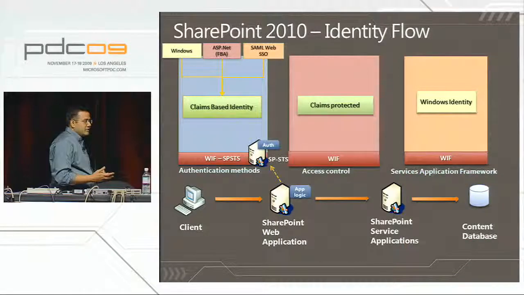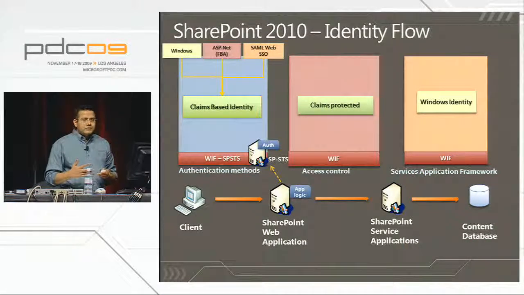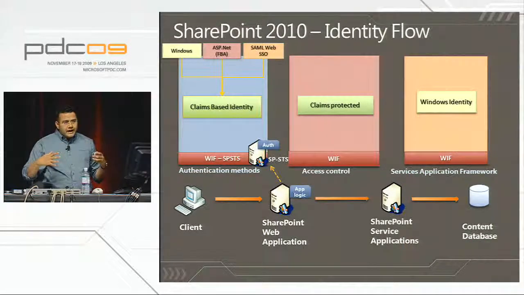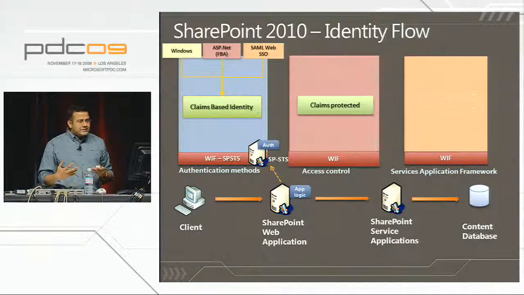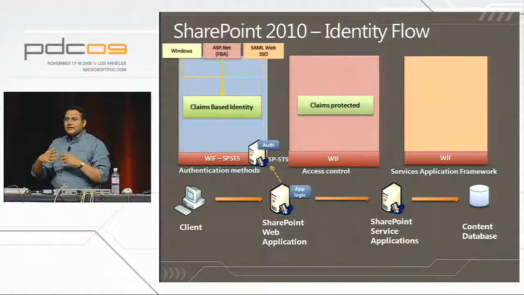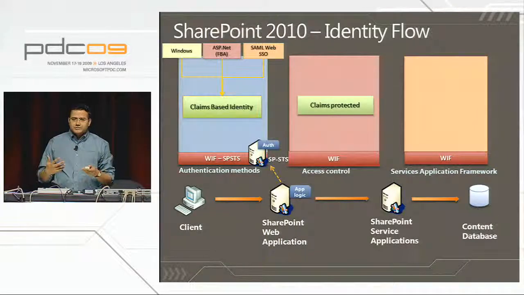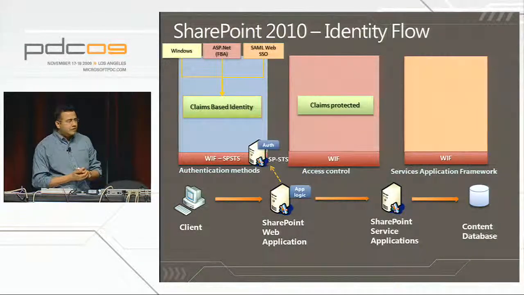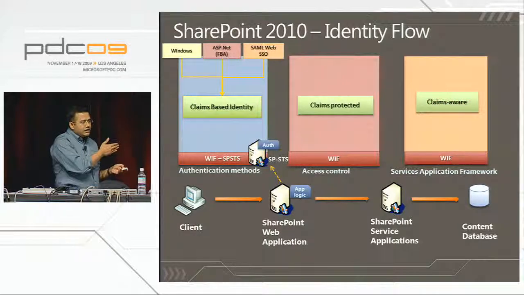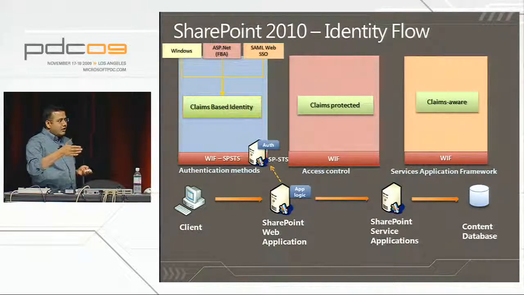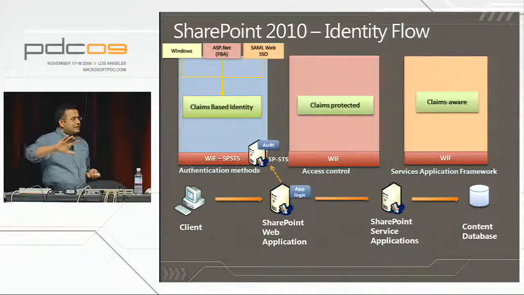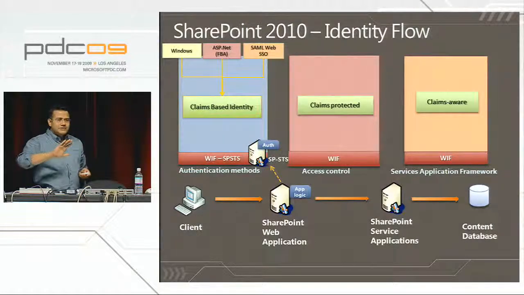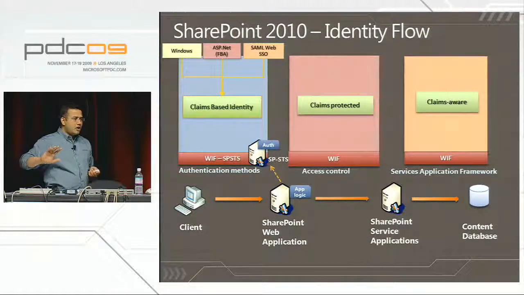The third major one is the service application framework. We enabled that with WIF, and that allows us to make sure of claims awareness. So as you can see, all the way from the front end to the back end, everything is now claims-based. It's all talking in the same single model across the hops.